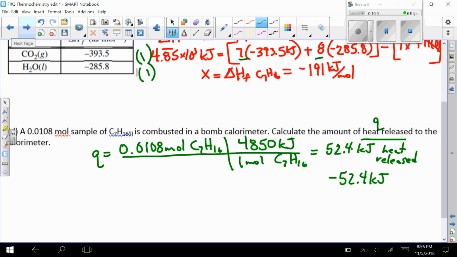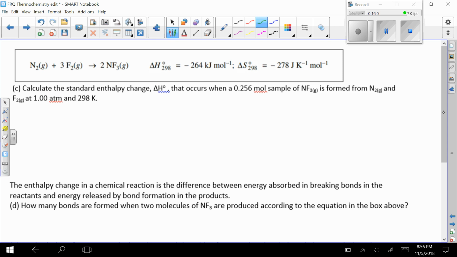Now we're in 2007. In 2007, we have this reaction up here. We have nitrogen reacting with fluorine, forming this nitrogen trifluoride, and we're given some information about the enthalpy of formation up here. It says find the standard enthalpy change that occurs when a 0.256 mole sample of the nitrogen trifluoride is formed.